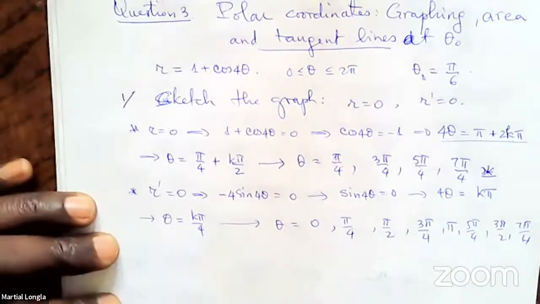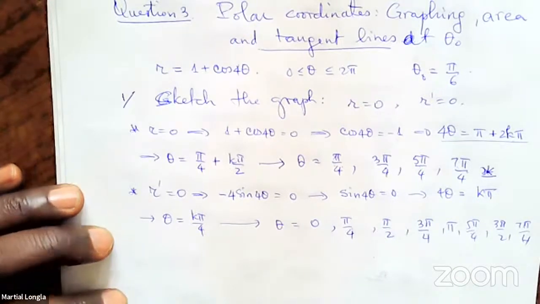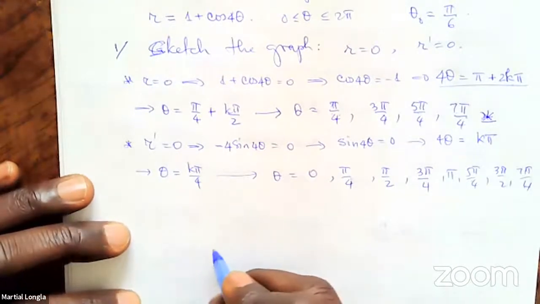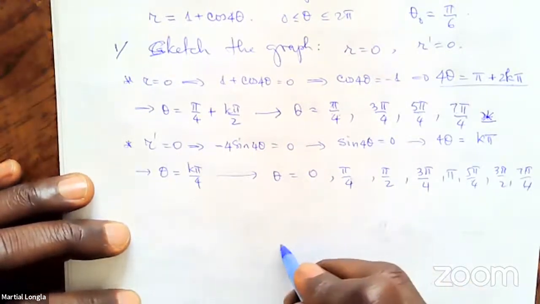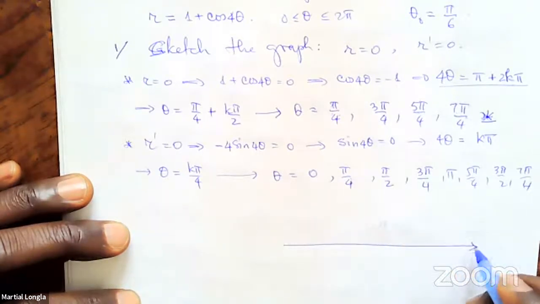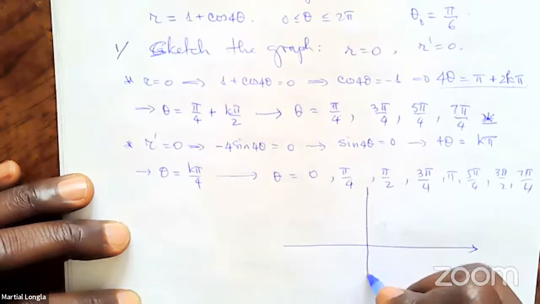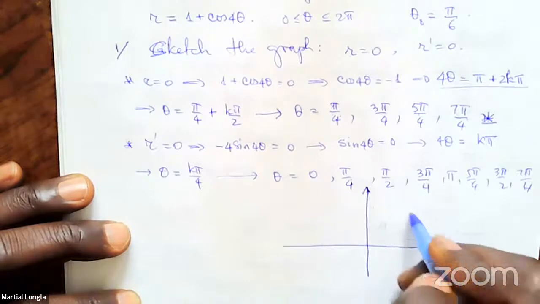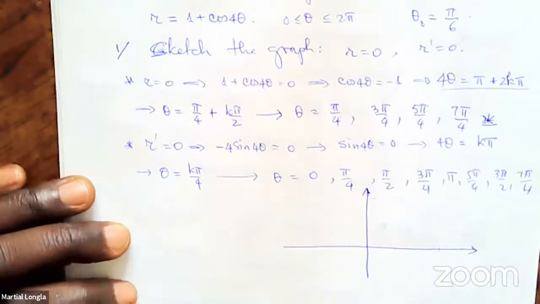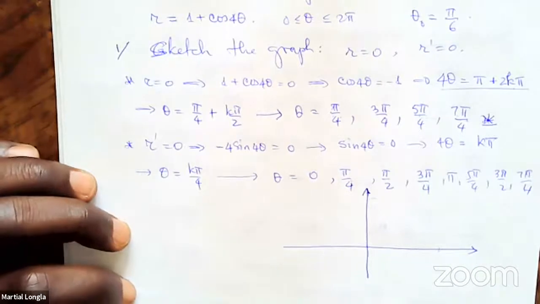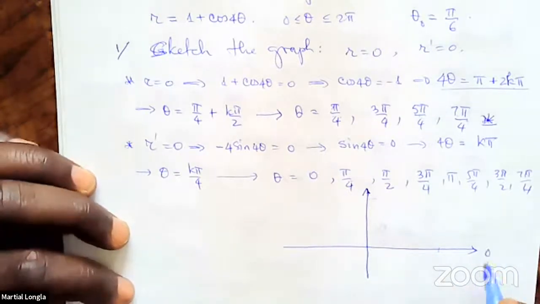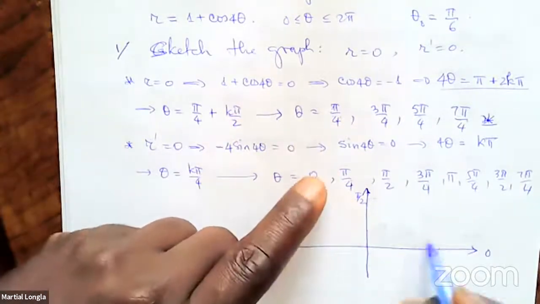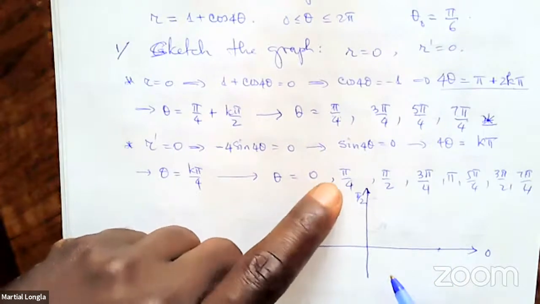All right, and now you want to draw that graph. What is it going to look like? You just draw one piece of it, okay? Let's draw it from 0 to pi over 2. So just this piece. To do that, we want to put in all the angles that are in the region from 0 to pi over 2. And those angles are 0, that's right here already, pi over 4.